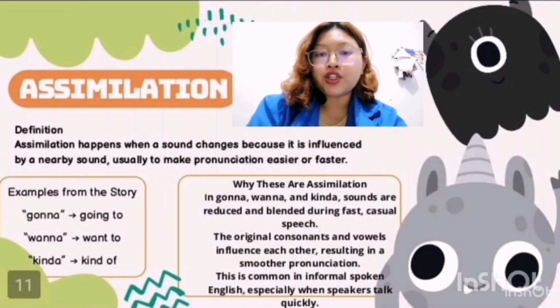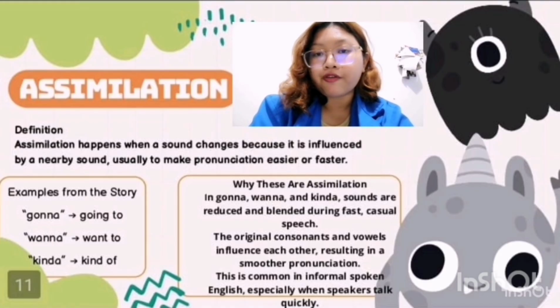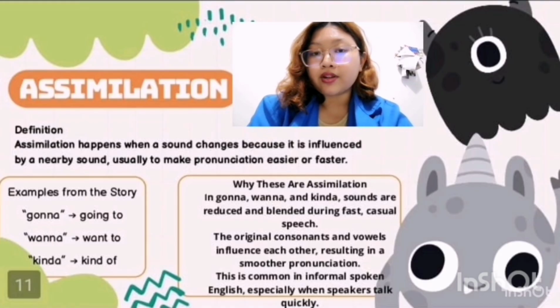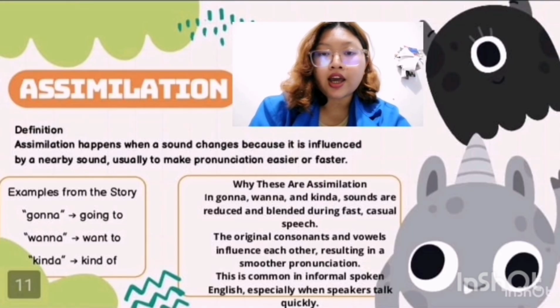Assimilation happens when a sound changes because it is influenced by a nearby sound, usually to make pronunciation easier or faster. Examples from the story: gonna, going to; wanna, want to; kinda, kind of. Why are these assimilation?